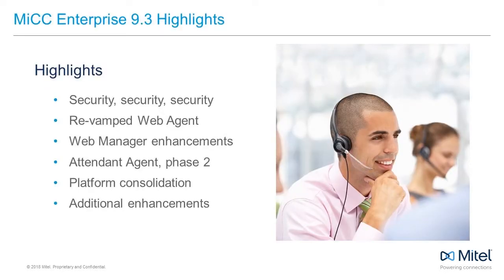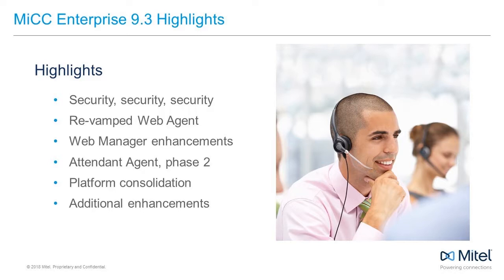So first of all, looking at the highlights of the release, in 9.3 there was a lot of security features that were added to close some of the gaps that we had in that space. We revamped the web agent, and I'll show you images of that. And then Web Manager was also enhanced with new reporting. And the attendant agent has also been evolved.